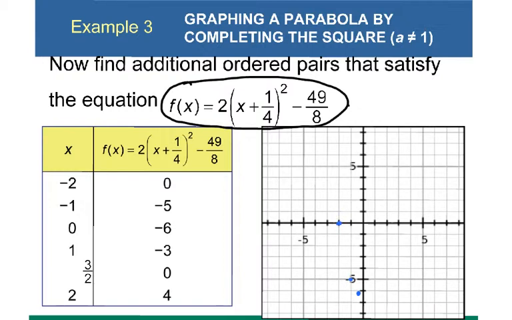Let's do the same thing on the right side of this thing. I'm just going to mirror it. Alright, now sketch your graph as best as you can. Okay, there we have our graph of our parabola after it's been put in vertex form.